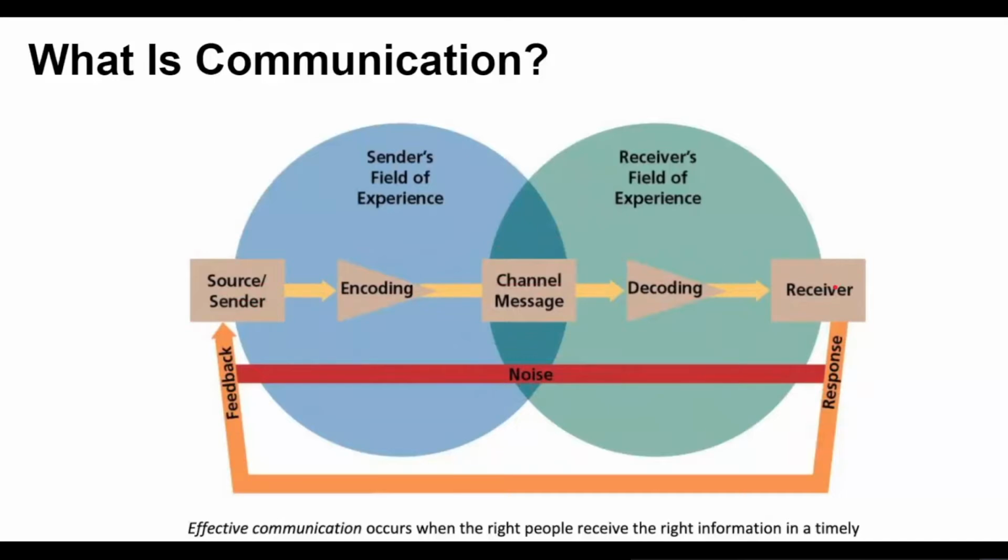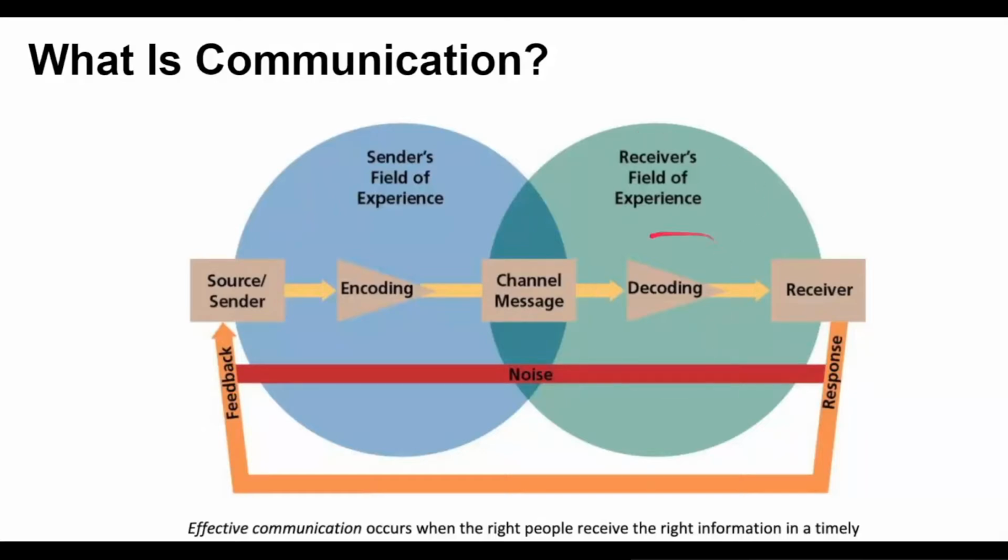The big problems that occur in communication deal with these two circles, and that is the field of experience. As you get older, this field of experience will get bigger and bigger because the been there, done that, bought the t-shirt, threw up on it factor comes into play where you say, yeah, I've experienced that and I have an idea of what you're talking about.